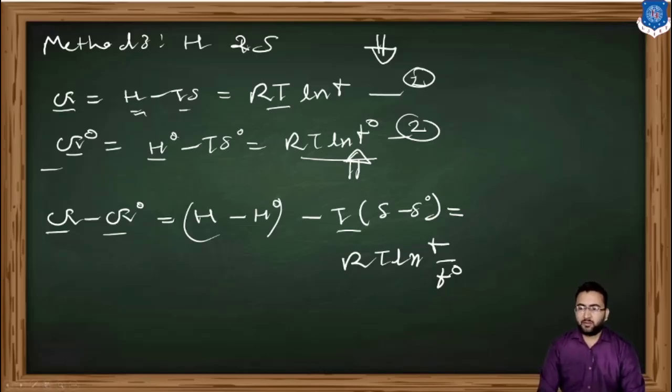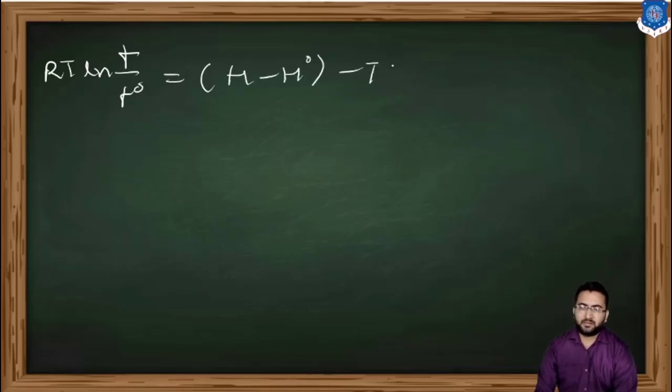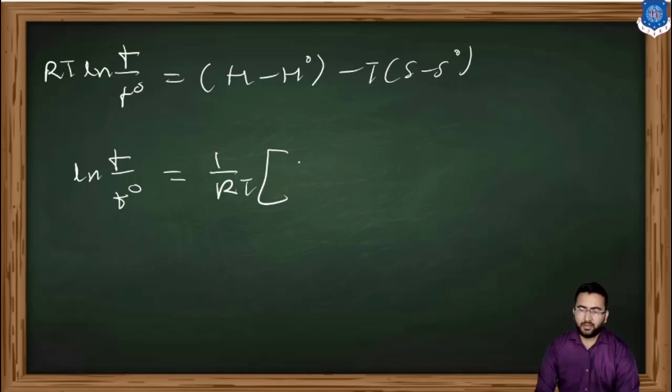Rearranging, RT ln f upon f naught is equal to H minus H naught minus T into (S minus S naught). Again rearranging, f upon f naught is equal to exp of 1 upon RT into [H minus H naught minus T into (S minus S naught)].